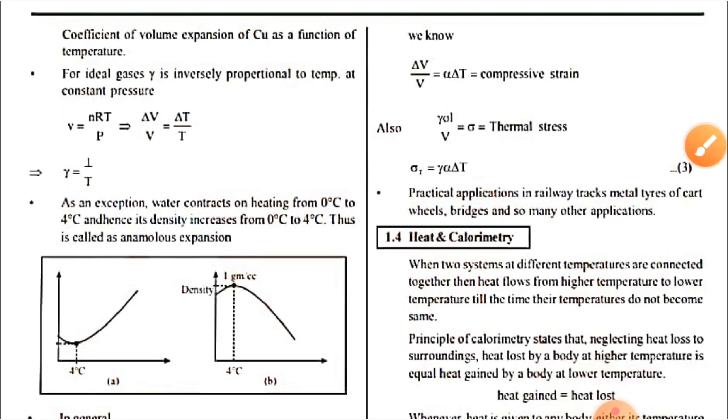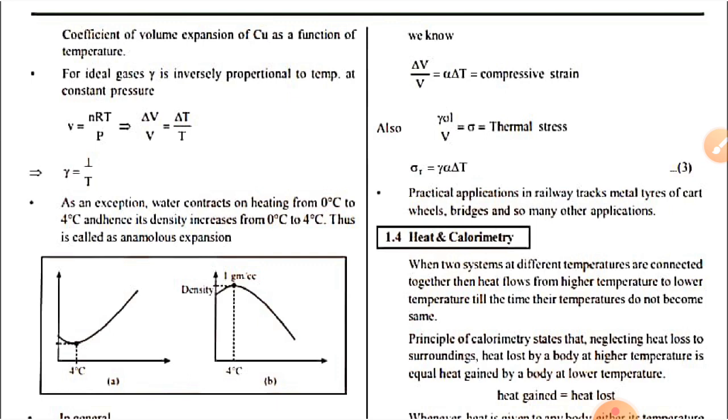So here we have one exceptional case, that is of water. See, for any substance, if we raise the temperature, the volume will always increase. But for water, from 0 degree Celsius to 4 degree Celsius, the density increases. If density increases, that means volume decreases. So here from 0 to 4 we are raising the temperature, but the water volume decreases.